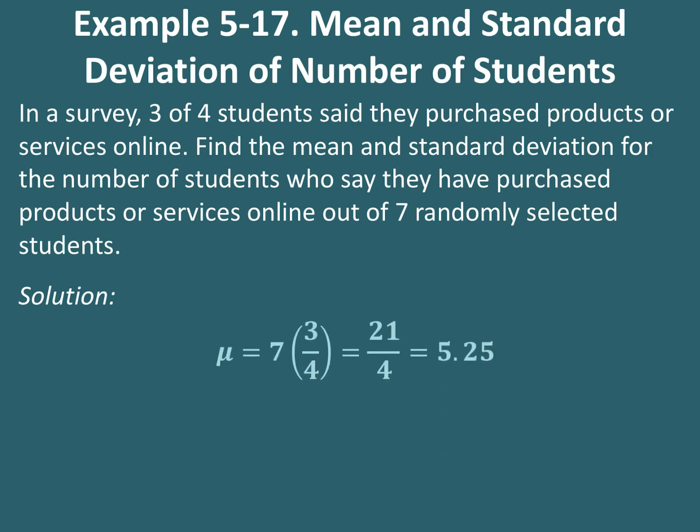The mean, quite simply, will be 7 times 3/4, which is p, giving us 5.25. Standard deviation, number of trials, times p, times q, all inside of a square root, 1.1456.